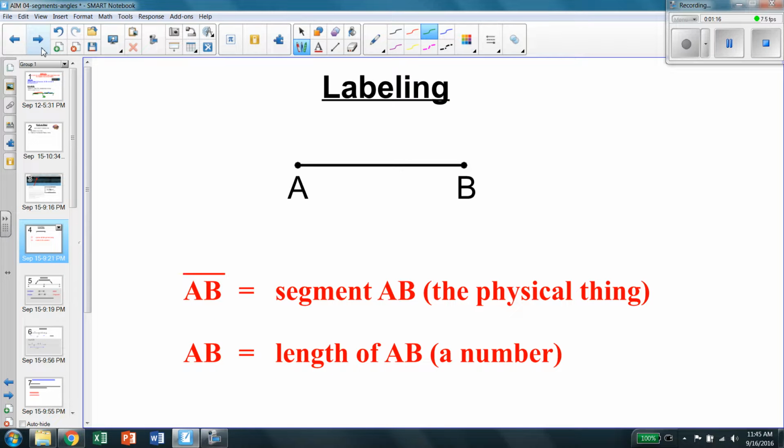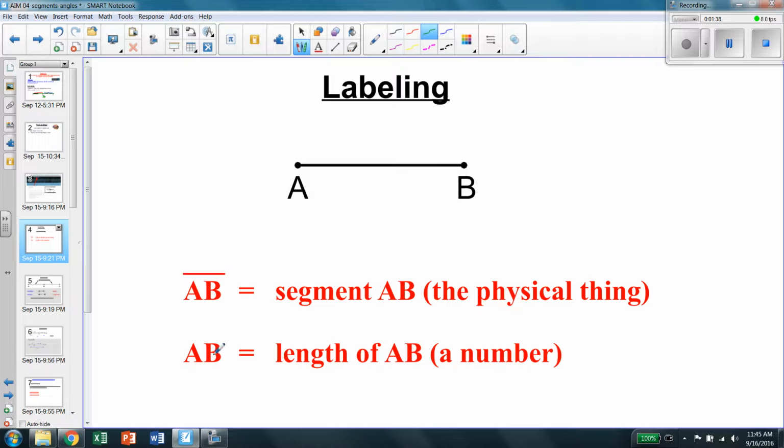Okay, now the thing about geometry is it's really particular with the way you label and name certain things. When you're talking about just a physical piece, so drawing someone's attention to something, you're going to label it with the line above, like we did in the do now with the little segment piece above it.